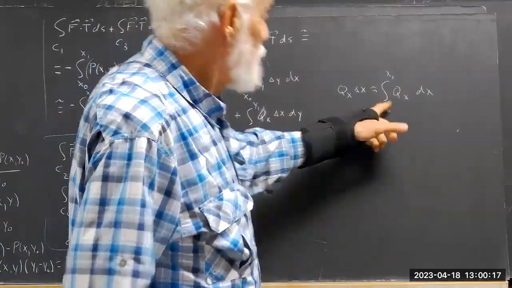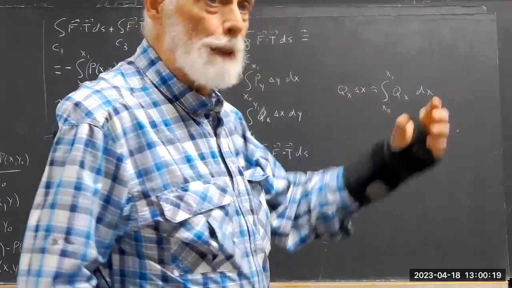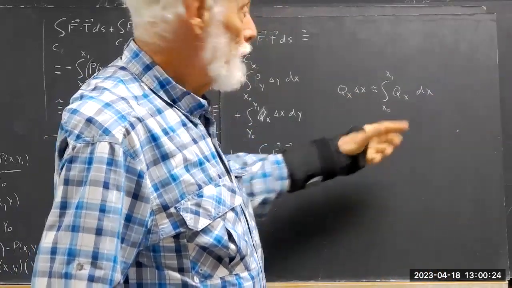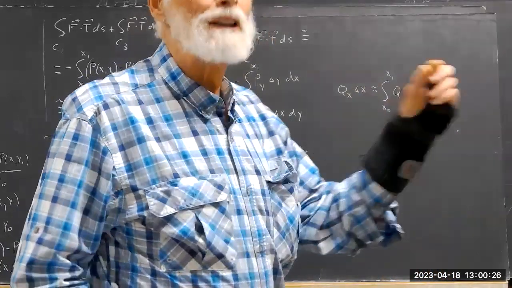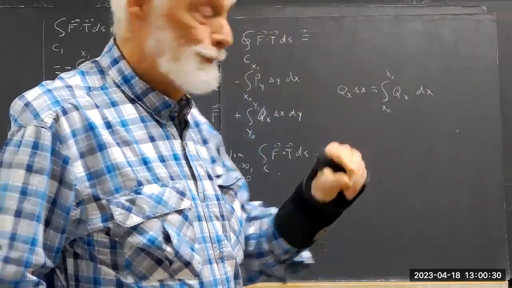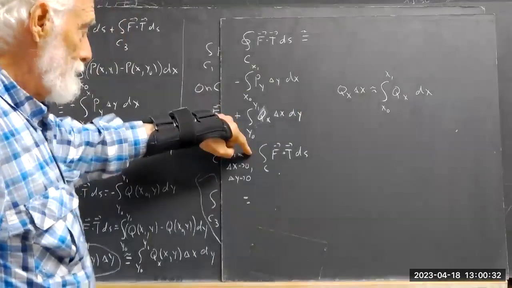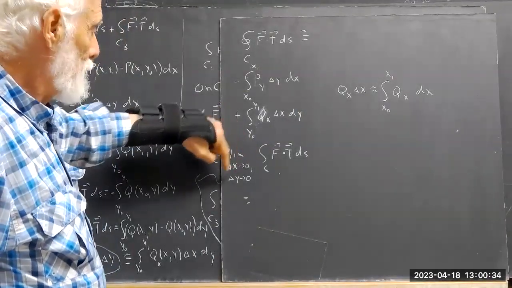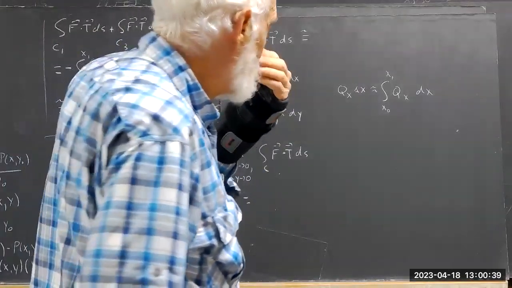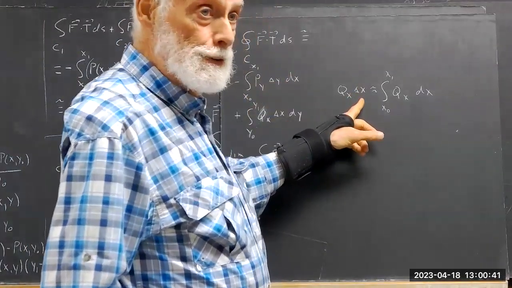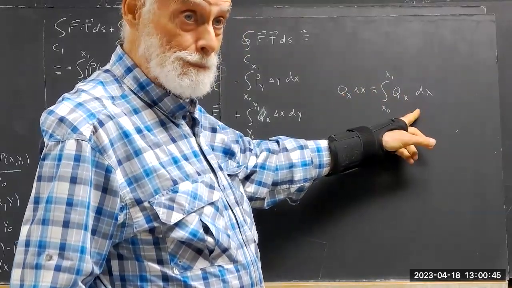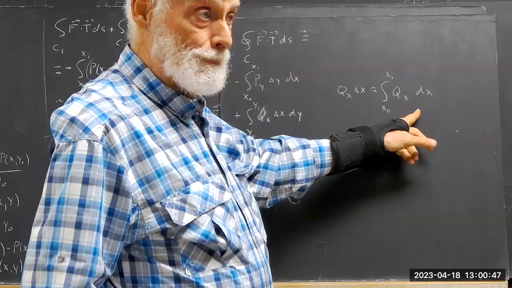Because what do we do? We get this interval, we break it up into small increments, and we do this in each increment. Well, if this increment is small enough, we only need one increment to get a good approximation. And we're going to get that when we let delta x and delta y approach zero. So the closer delta x is to zero, the closer this is to this actual integral. That makes sense?